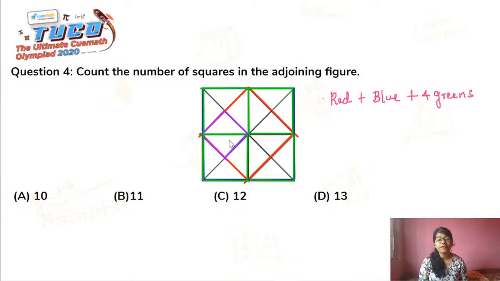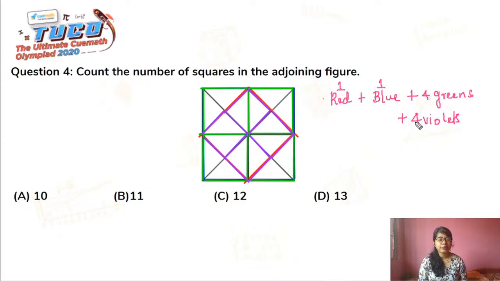Yes, we do have smaller sections inside this red square too: 1, 2, 3 and 4. So we have 4 violets as well, plus 4 violets. Is there anything else we have missed? No, we have covered all the squares here. So let's count it up: 1 red plus 1 blue makes 2 squares.